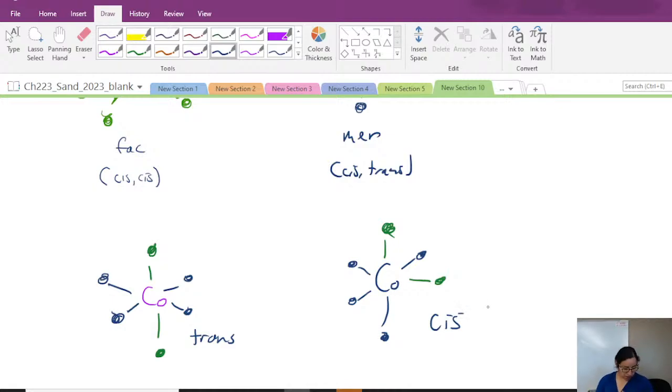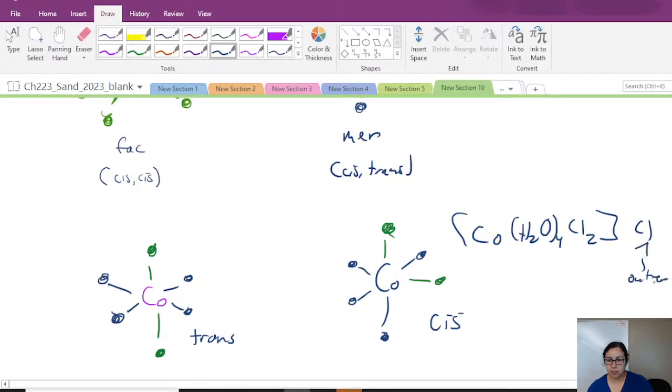So that's the difference, just that that second formula, C, has still 6 things coordinated to it, but now just 2 chlorines. And of course, that other chlorine is outer sphere, so it doesn't matter. Only for charge balancing purposes.